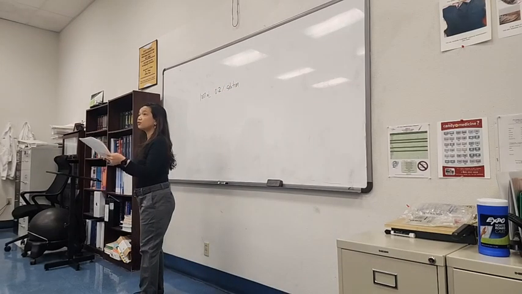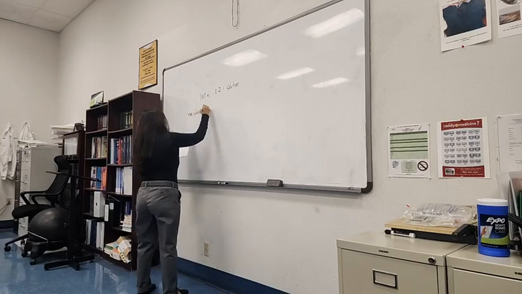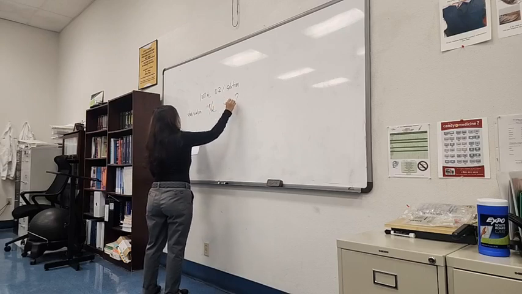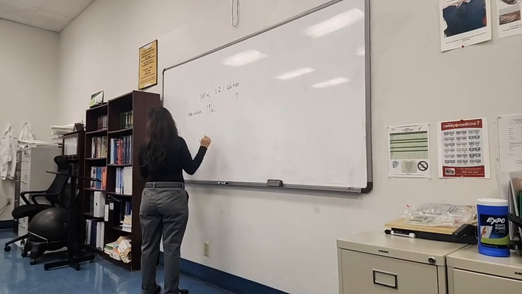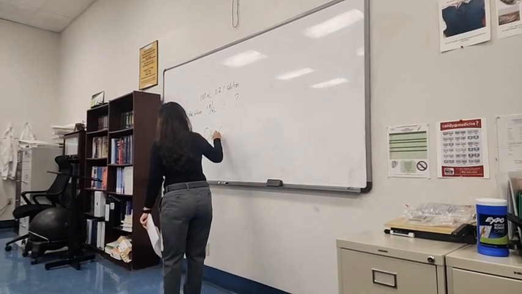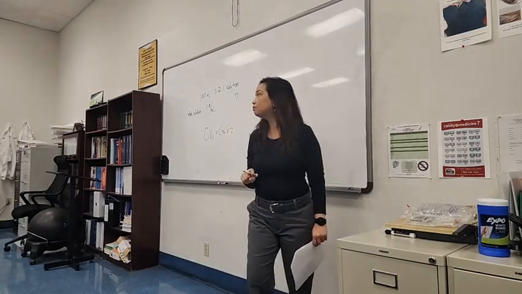The stock solution, there's a word, stock solution, is 1 gram per ml. The question was, what amount of the stock solution will you need? If I'm to use C1V1 equals C2V2, let's identify. Label. Mark.